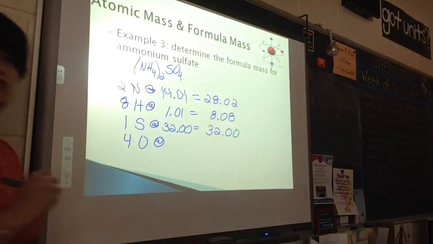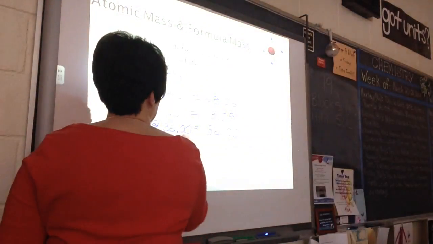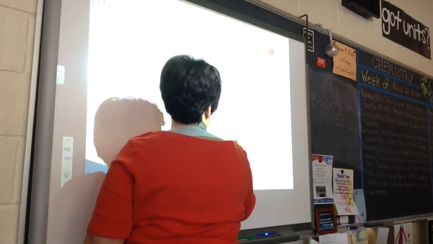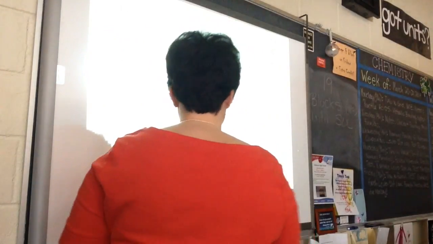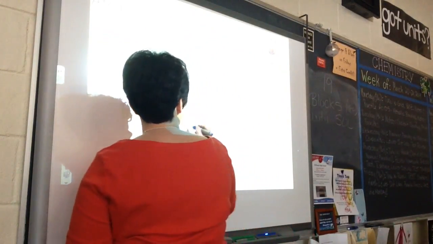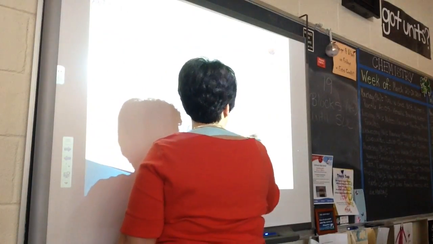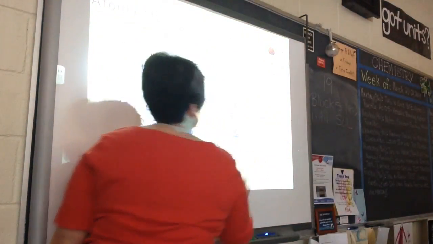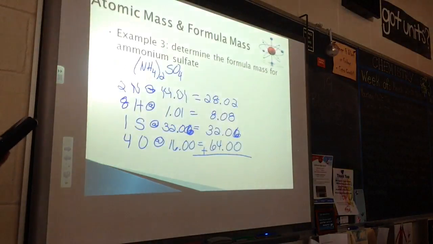And what's the mass for oxygen? 16.00. Good. Isn't sulfur, is it not 32 even? 32.06. You're right. My bad. That's what happens when I get going fast. Thank you for the correction, Michael.